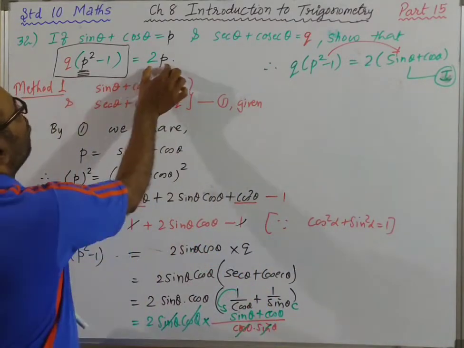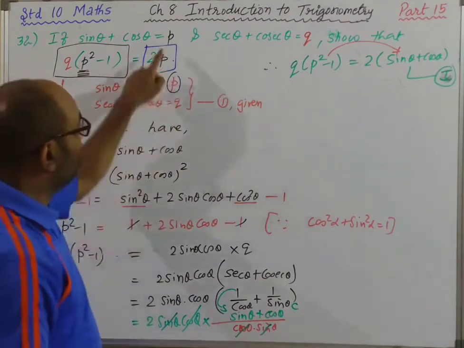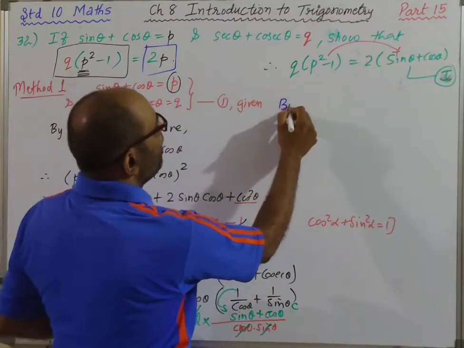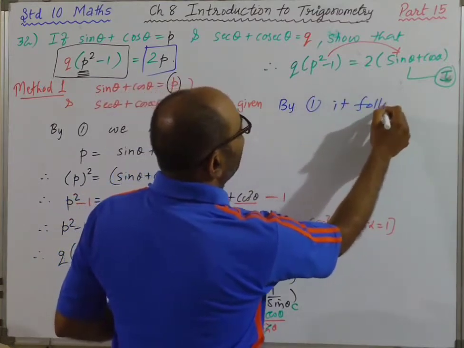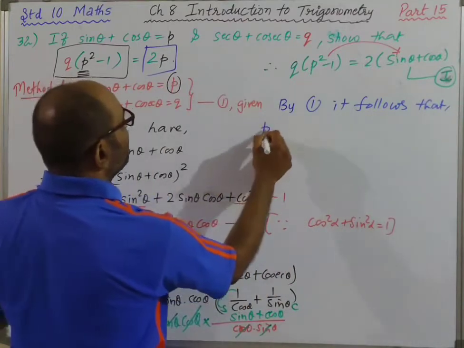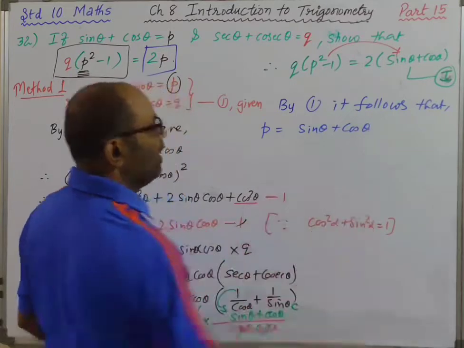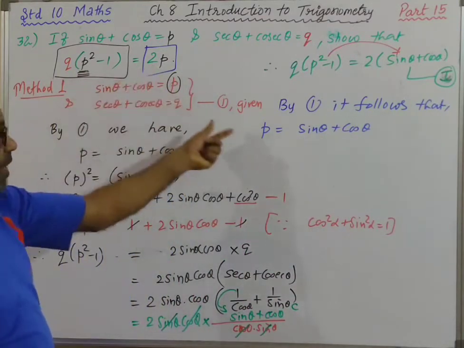All right. Now right hand side build up करेंगे. What we want is 2p. P is already there by 1. It follows that p is equal to sine theta plus cos theta. ठीक है? हमें 2 मल्टीप्लाई करना है, 2p चाहिए.